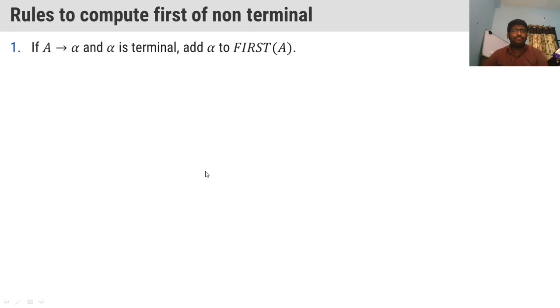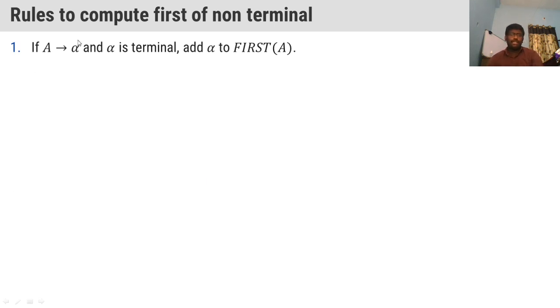So now you see what our first rule is for finding out the first sets. If the production is in the form of A implies alpha, and they are asking us to assume that alpha is a terminal, then what we will do is add that alpha to the first set of A. We will not think about anything.